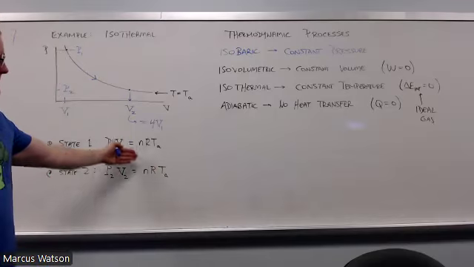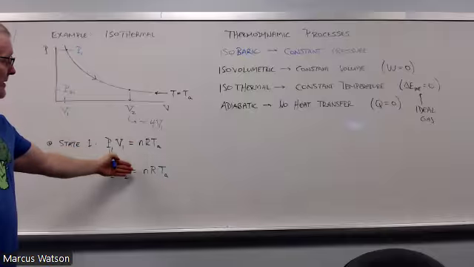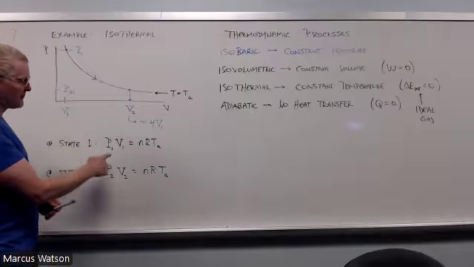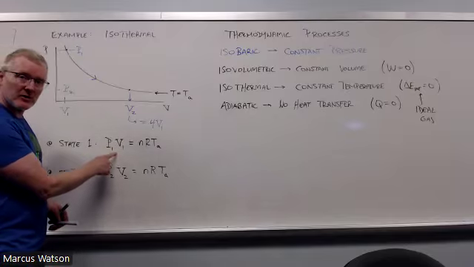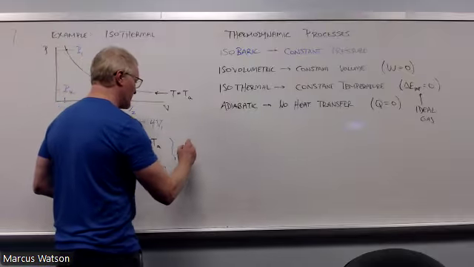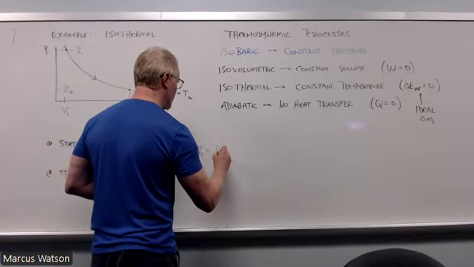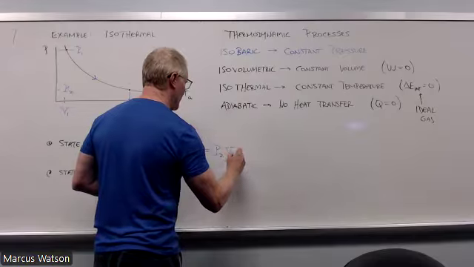Therefore, the right sides of both of these are the same number, which must tell us that the left sides are equal. And that means that I can write that P1V1 is equal to P2 times V2.